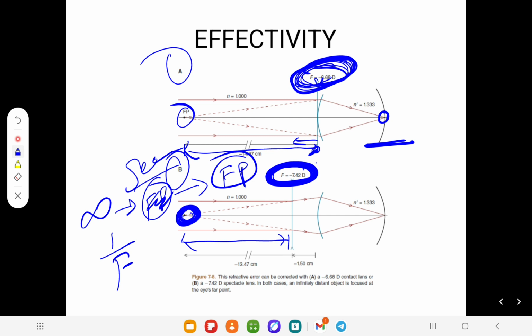If it increases, then the power should decrease. That's the game of effectivity. For effectivity, you must understand the concept: to see clearly, the secondary focal point of the correcting lens must coincide with the far point. This is a centrally important concept. Okay.